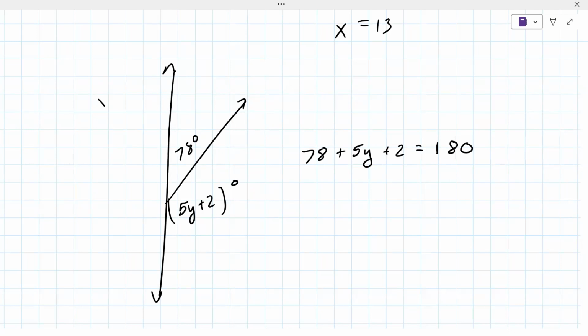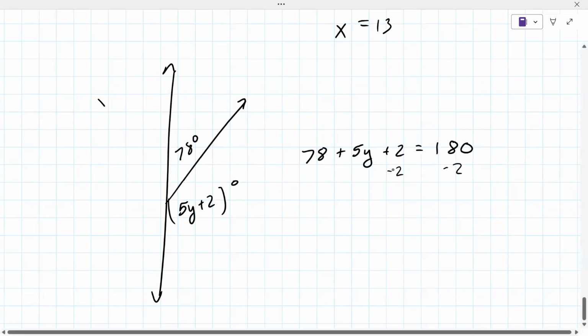Okay. I have one question. Would we start with subtracting 2? Sure. Yeah, and then use... Okay, just making sure.